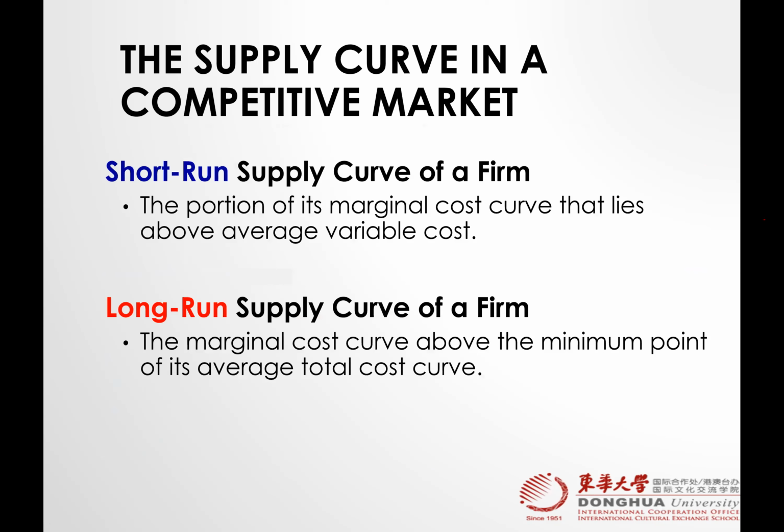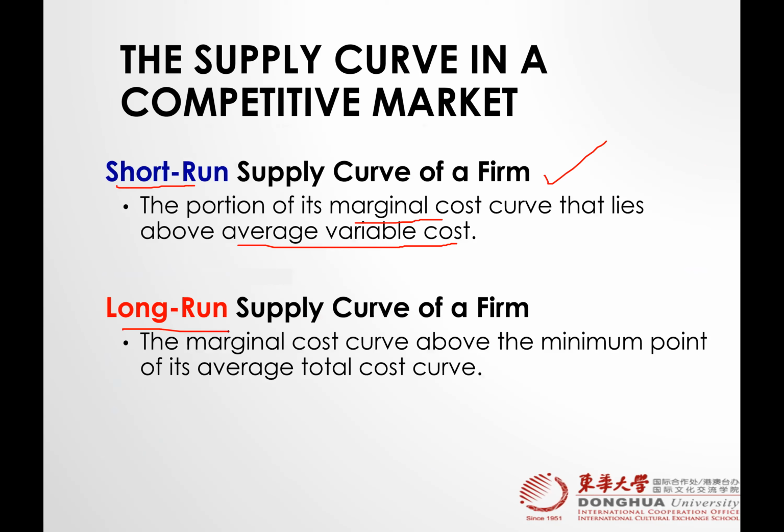So I have just compiled the summary. The short-run supply curve of a firm is the portion of its marginal cost that lies above the average variable cost. So that is the tagline here: short run and above average variable cost.